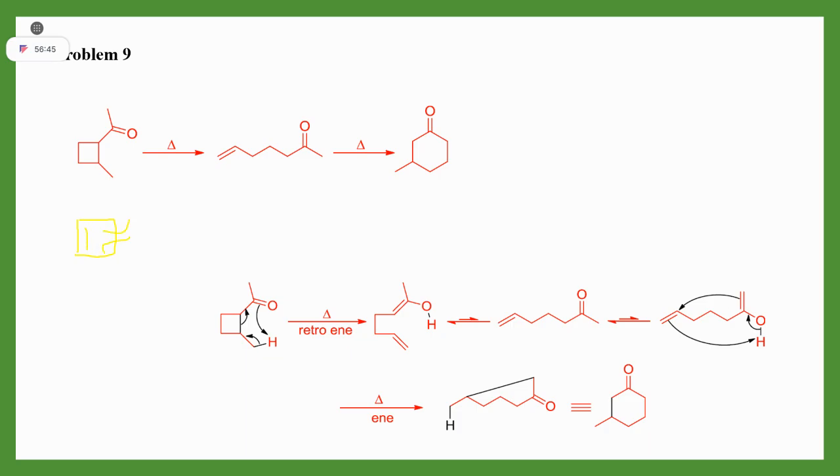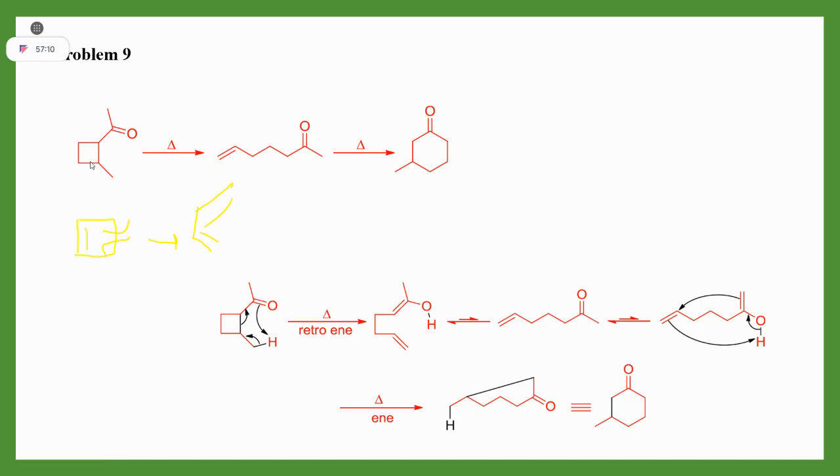Then it can open, yes or no? 4 pi electrocyclic ring opening. But here cyclobutane is there, not cyclobutene. Now heating is there. Diels-Alder reaction requires two partners, but here only one partner is there.